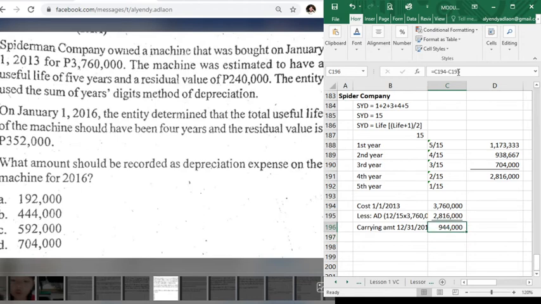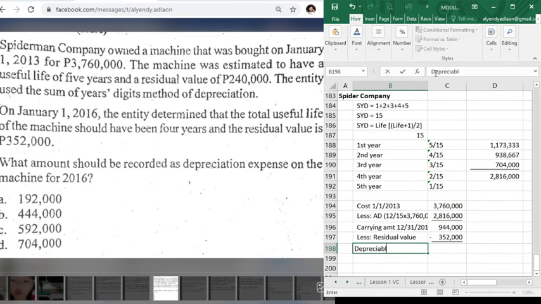Now, to compute for the depreciation expense using the straight line method, so carrying amount minus the residual amount or residual value, less residual value, we have 352,000, and then that is our depreciable amount. For the depreciable amount, 944 minus 352, that is 592, and then divided by the remaining years.